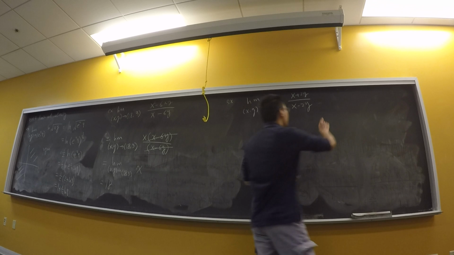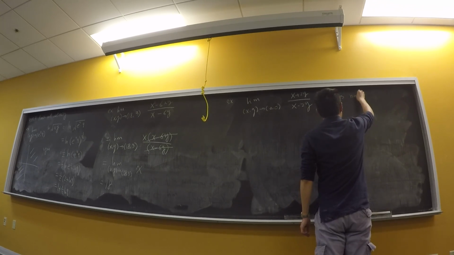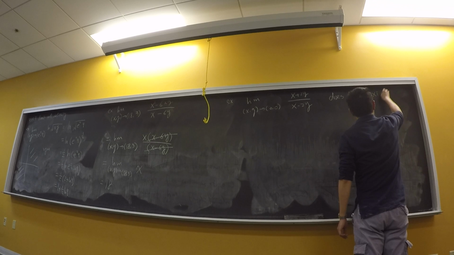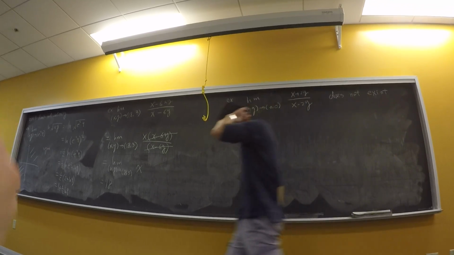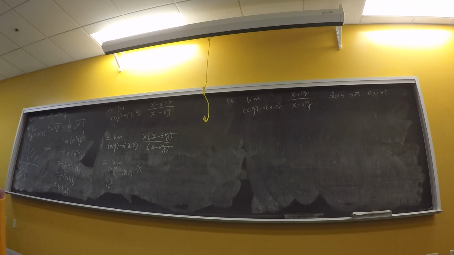So next, I want you to be able to prove a certain fact, which is that the limit does not exist. Before I do that, I have one small remark to make. Listen to me carefully.